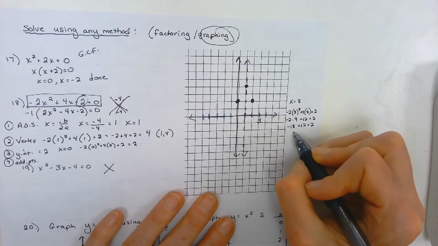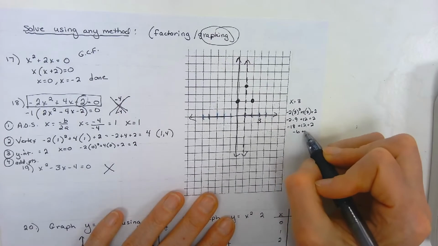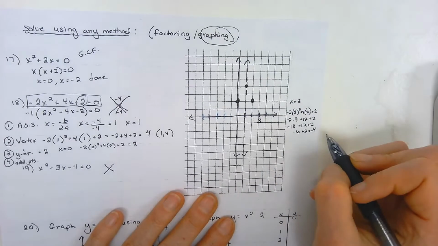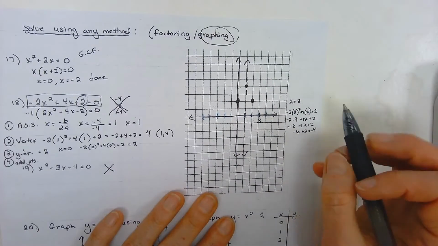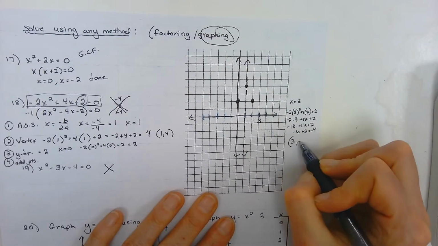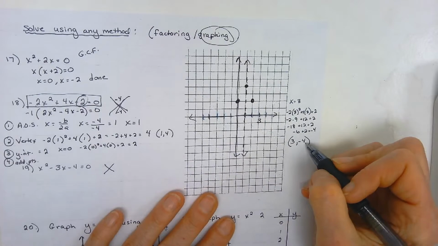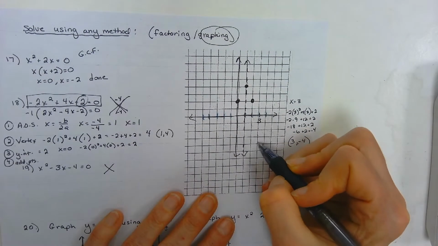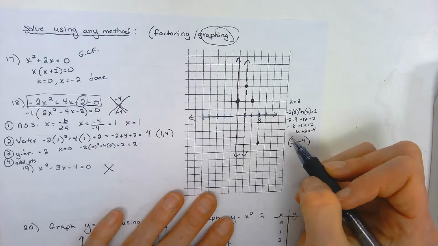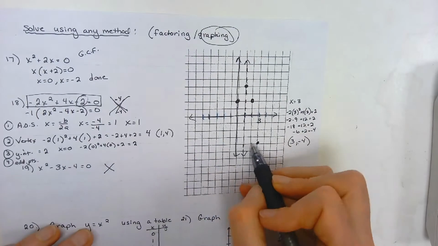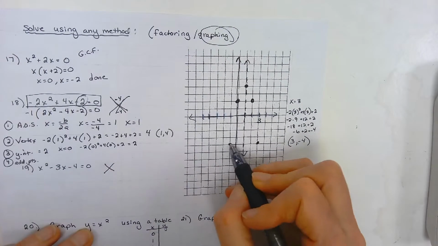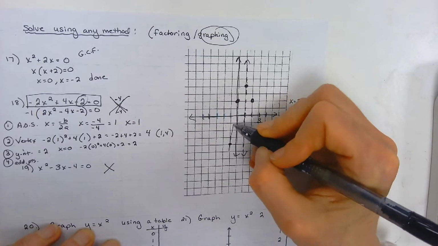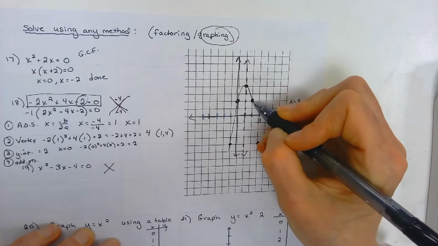I'm doing this the long way. Negative 6 plus 2 is negative 4. When I put 3 into the function, I get out the value negative 4. So our point is 3, negative 4. That's my additional point, and I can mirror it. And I'll draw the parabola.